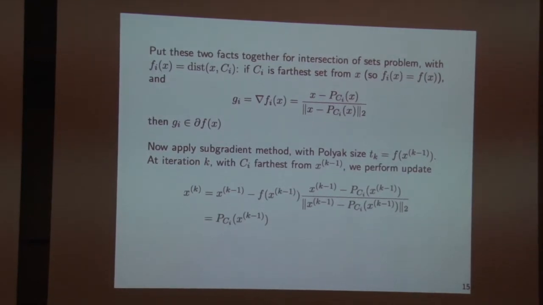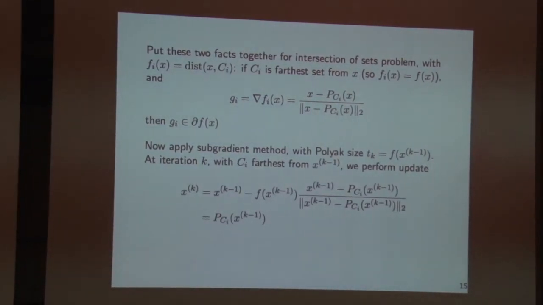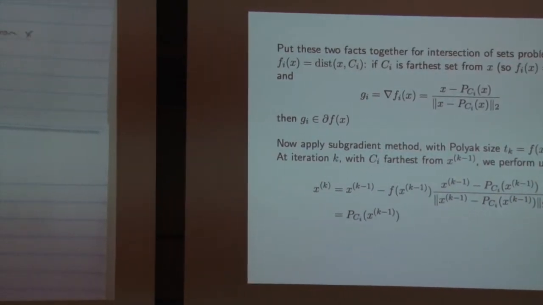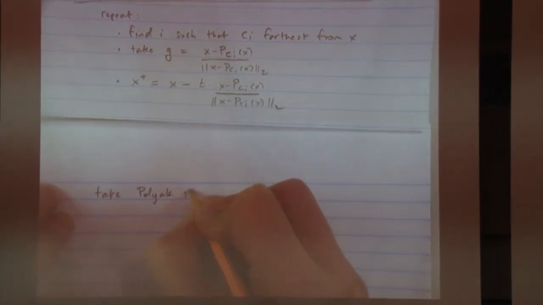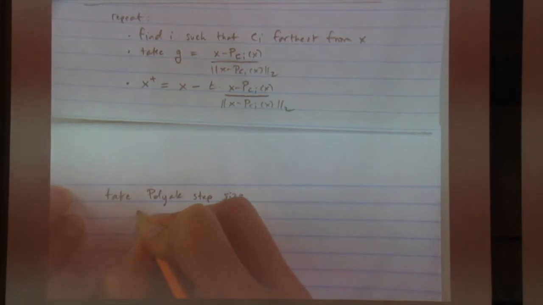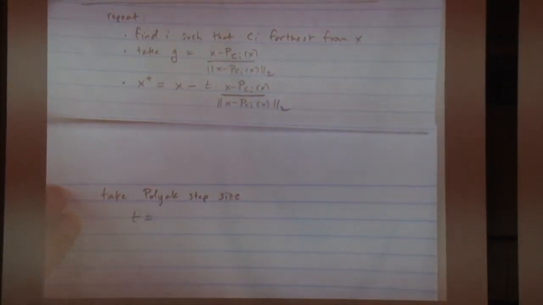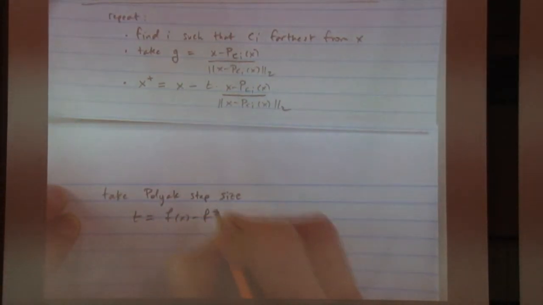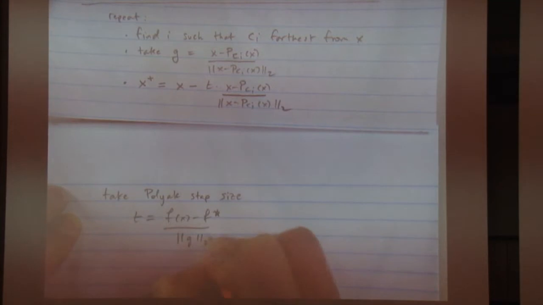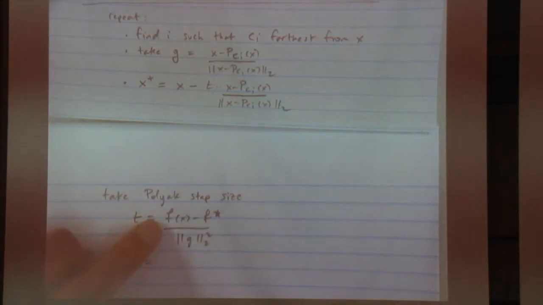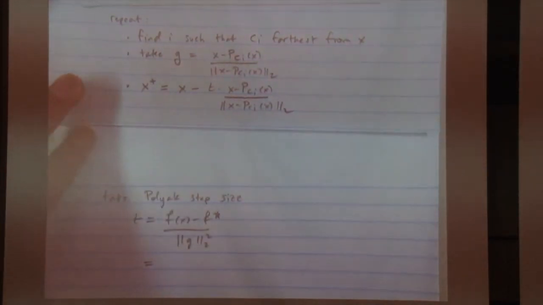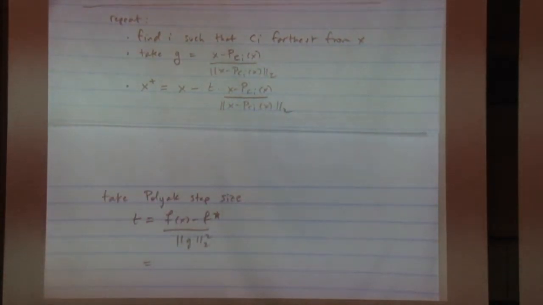Let's take the Polyak step size. That was the point of this example. That was telling us to take t to be the criterion value at x minus the optimal one, divided by the norm of g squared. What's the criterion value at x at this step? It's the farthest that x is from any one of those sets.